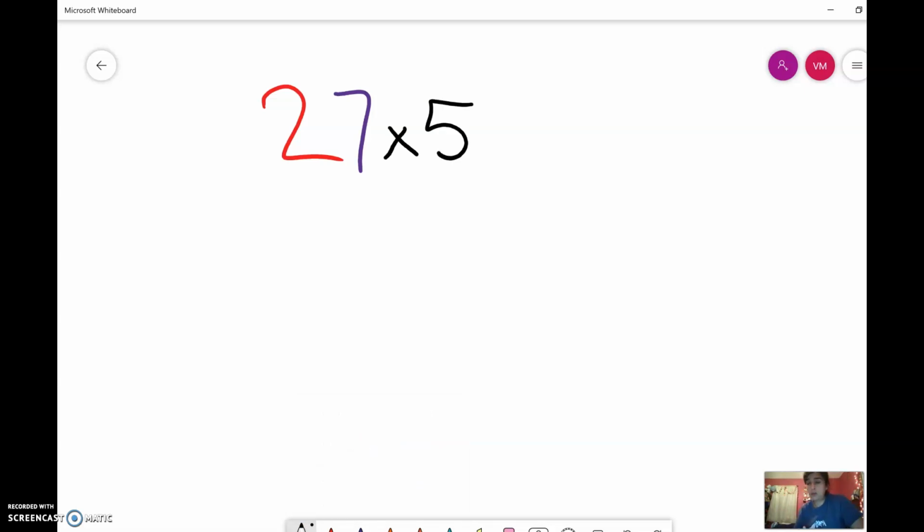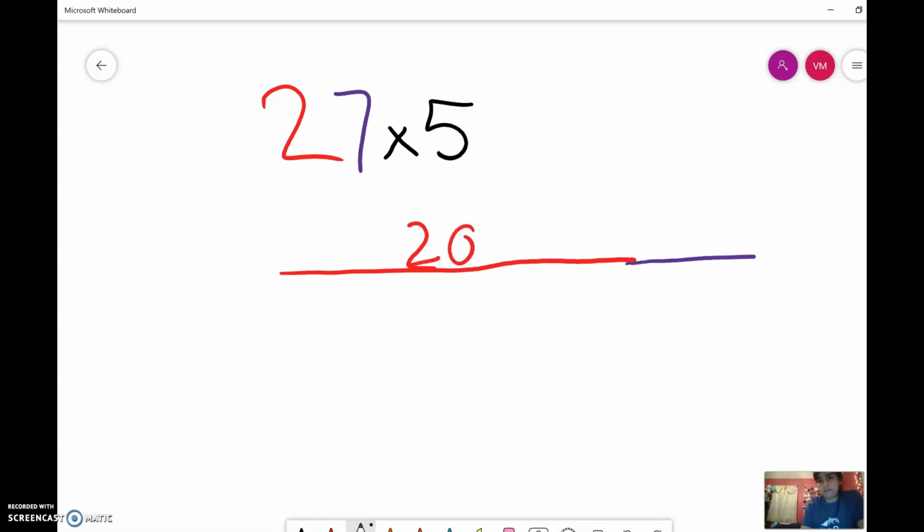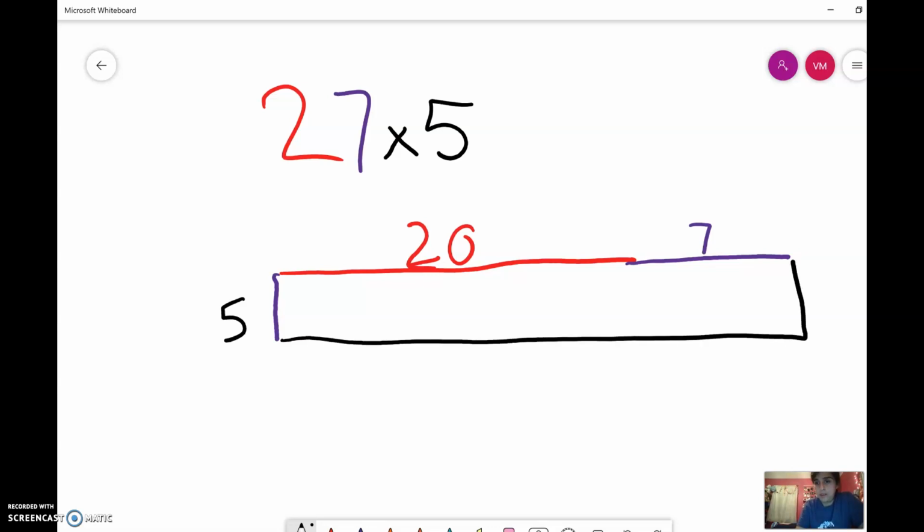So if you decompose 27, you know you have 20, so it's gotta be longer, right? And then you have 7. Remember, it's supposed to be about symmetrical. And this is 5. So if this is 5, this other part has to be 5.